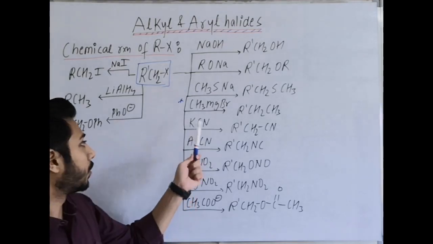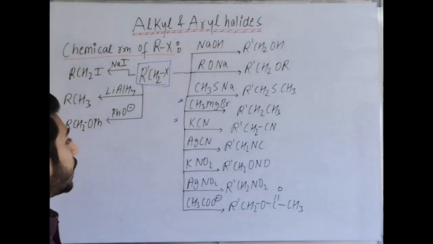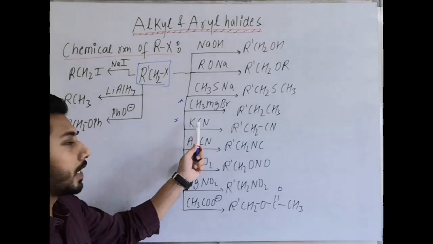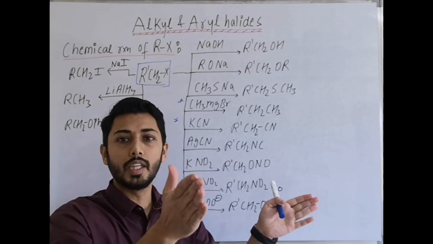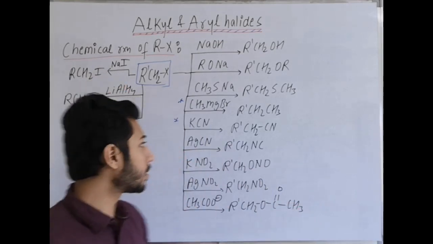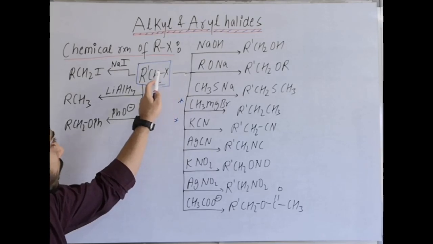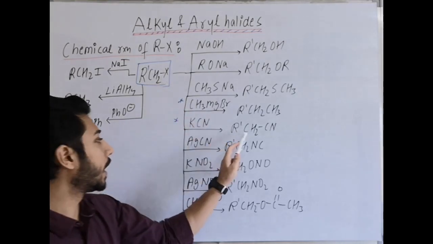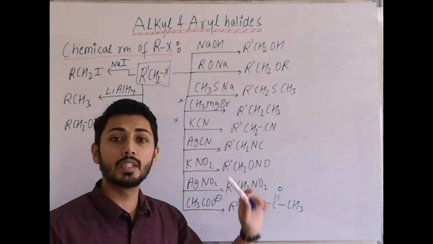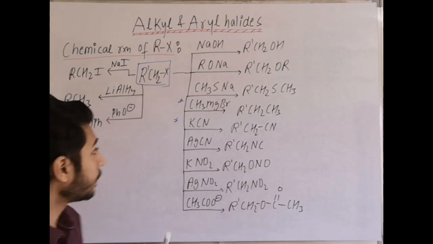Then the next important reaction is with KCN or NaCN. KCN is a strong electrolyte. It dissociates into K plus and CN minus, in which carbon has the minus charge. The major product is that carbon attacks the carbon from where the leaving group is departing. This carbon forms the bond, that's why we get CH2CN. That means we get alkyl cyanide as the product.